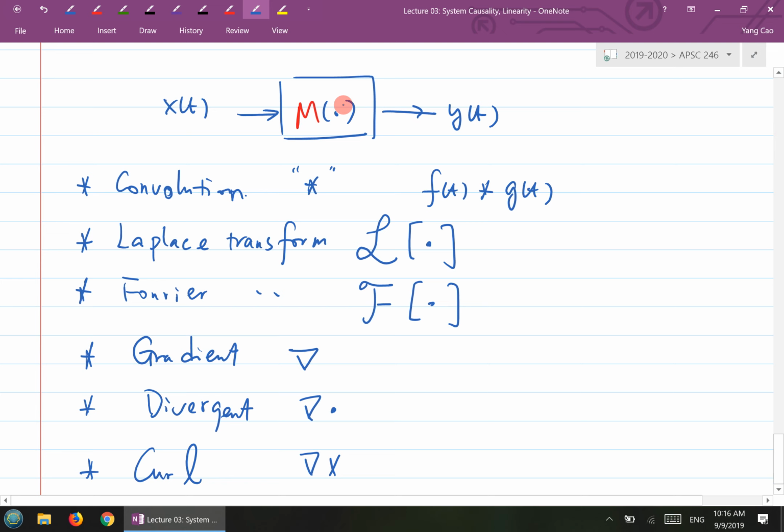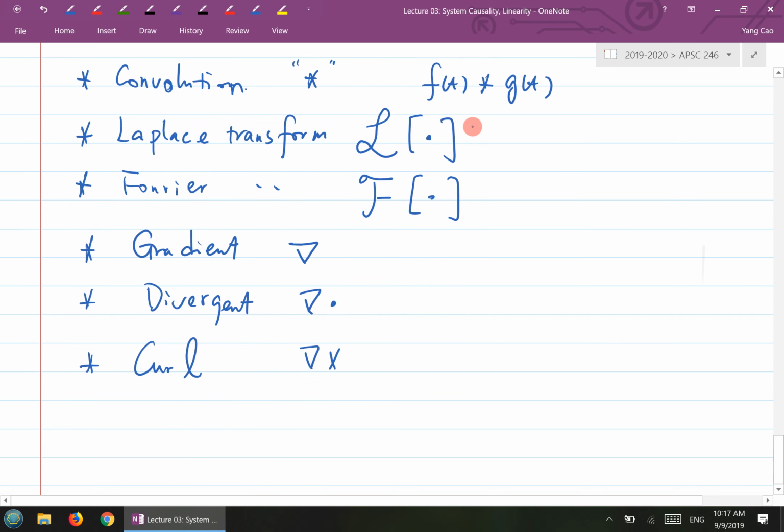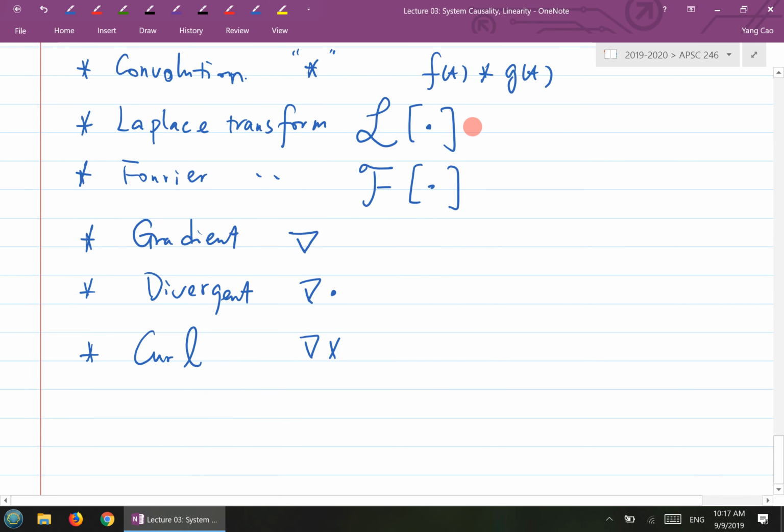You can plug in anything into that, which will probably spit out a different format of expression for the output. That's what operators are. So I think I'm going to stop here. We're going to use the operator concept to formally define linearity and nonlinearity. Any questions so far?